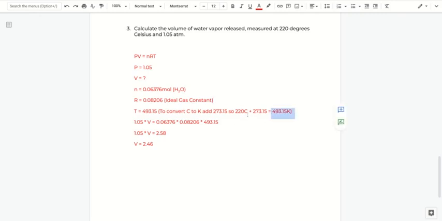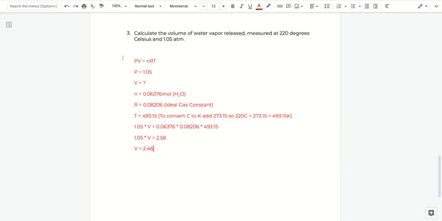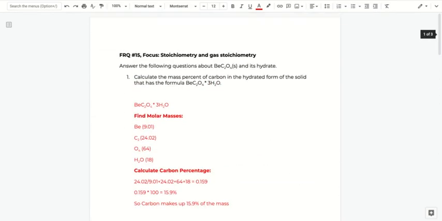So I found that, so we know this. Then I plugged all those numbers we know into this equation, multiplied these out to get here, and then I divided both sides by 1.05 to isolate volume, and I found volume to be 2.46. So that's how I did these equations.